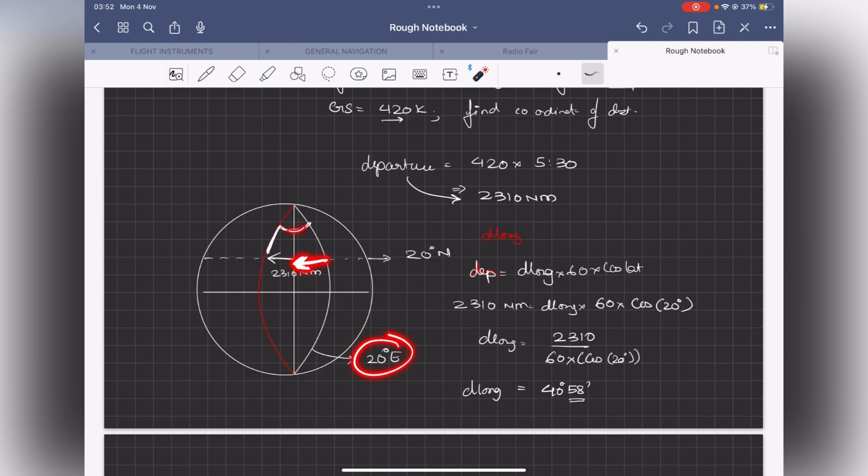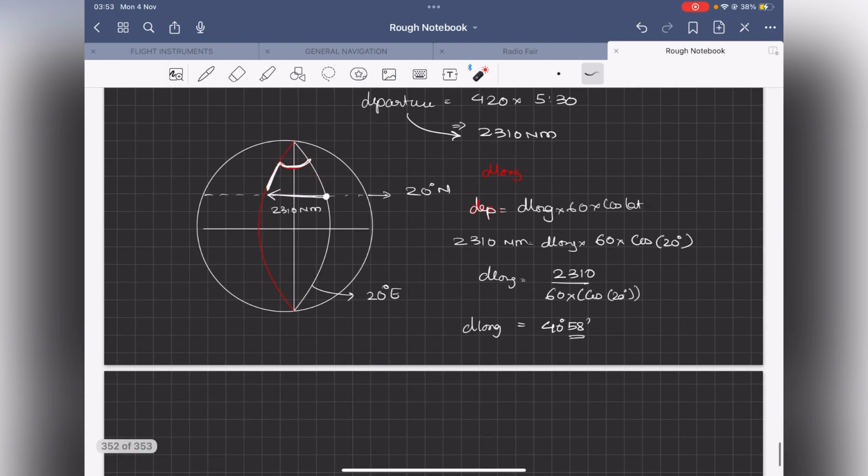From there, the total distance I have to travel is 40 degrees 58 minutes. If I subtract 20 from this whole angle, I get the remaining. So 40 degrees 58 minutes minus 20 degrees gives 20 degrees 58 minutes, but west. I end up somewhere here.